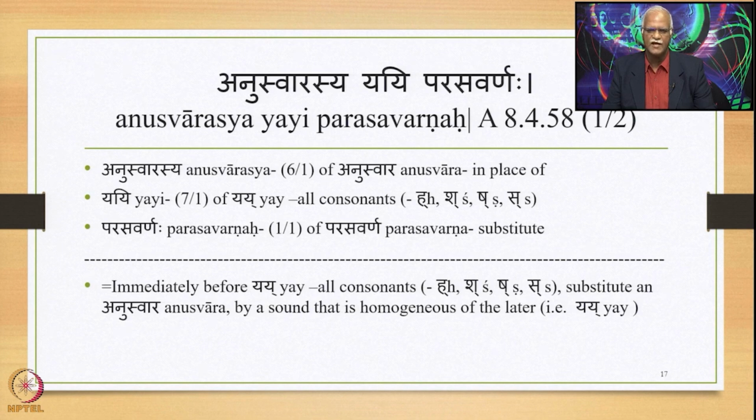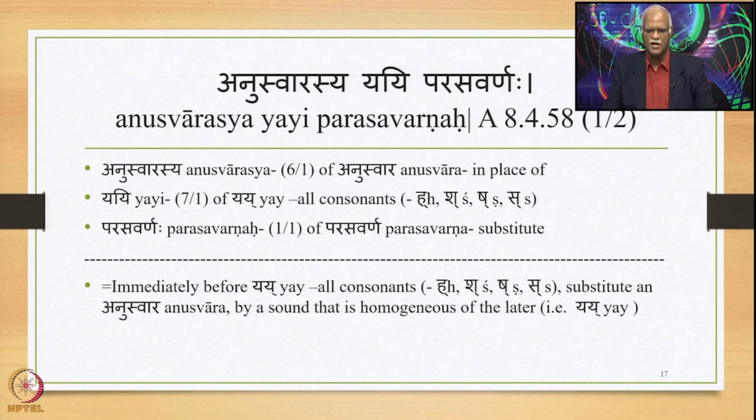Yai is 7/1 of yai, and yai consists of all consonants minus h, sh, sh and s. That is what is yai. And of course parasavarna. So this is 1/1 of parasavarna, which is a substitute.